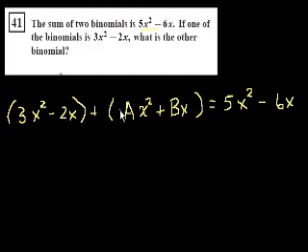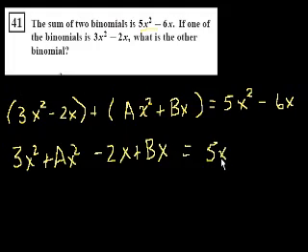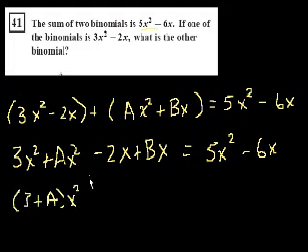Now let's see what we can do. Well, this is a plus here, so the parentheses really don't matter. We can rearrange this as 3x squared plus ax squared minus 2x plus bx is equal to 5x squared minus 6x. 3x squared plus ax squared is the same thing as (3 plus a)x squared.